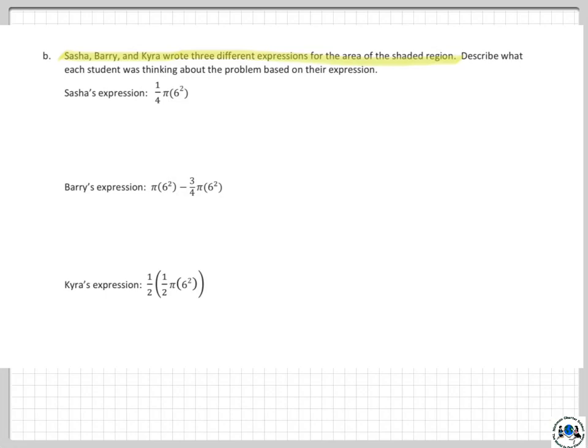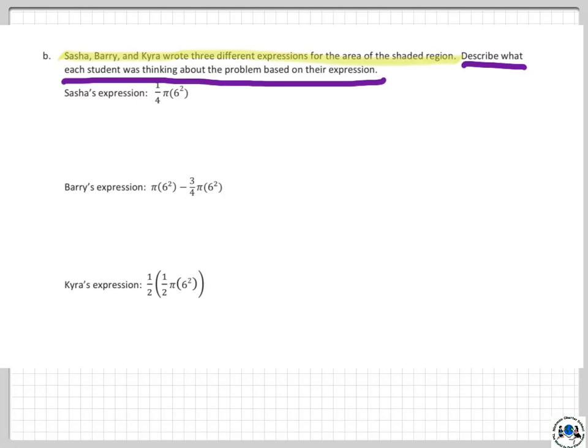I want you to describe what each student was thinking about the problem based on their expression. Look at Sasha's expression, then Barry's, and Kira's. What were they thinking about? How did they come to use the expression that they used?